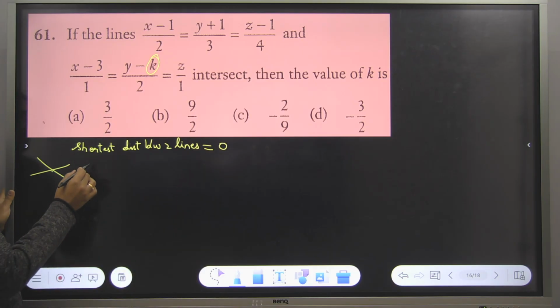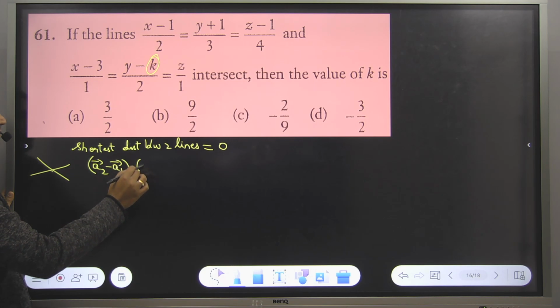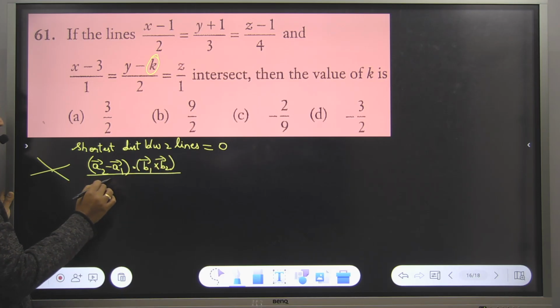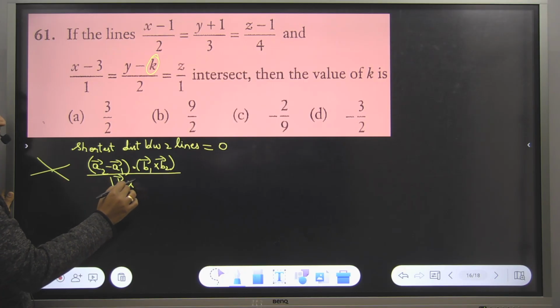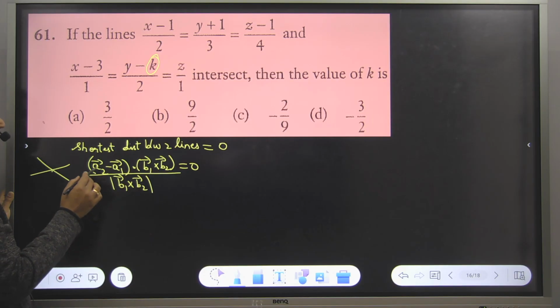Shortest distance between them is 0. Now what is the formula for shortest distance? a2 minus a1 dot b1 cross b2. This must be 0. So if this has to be 0, numerator must be 0.